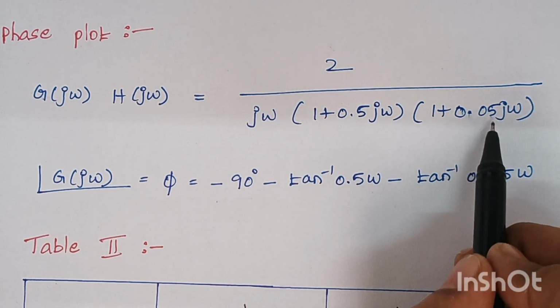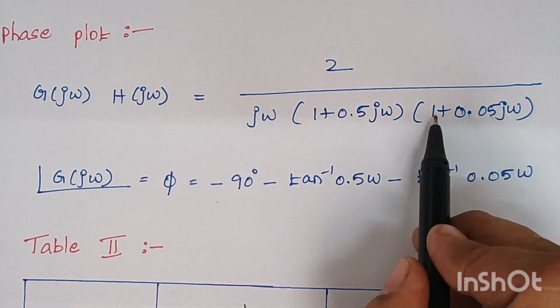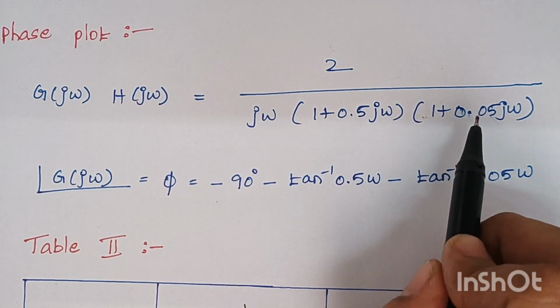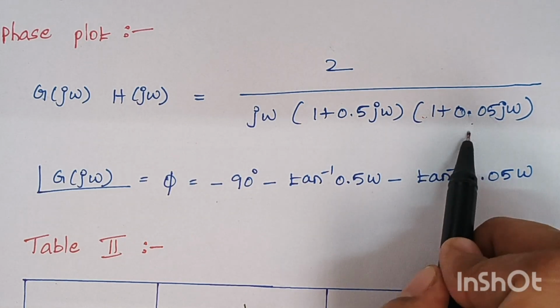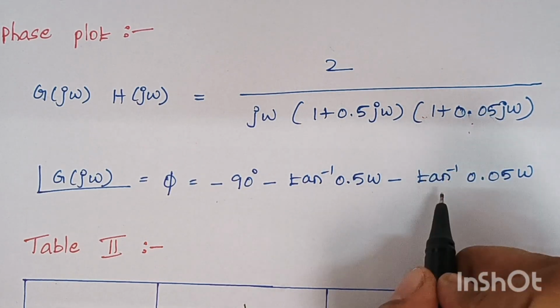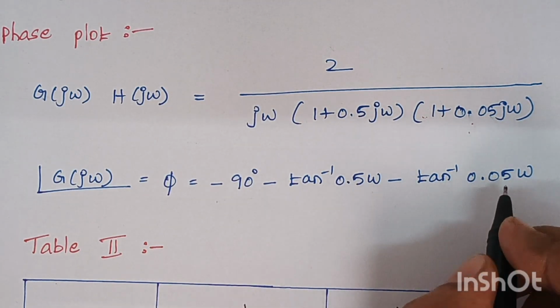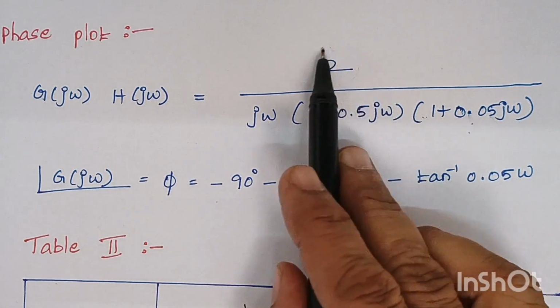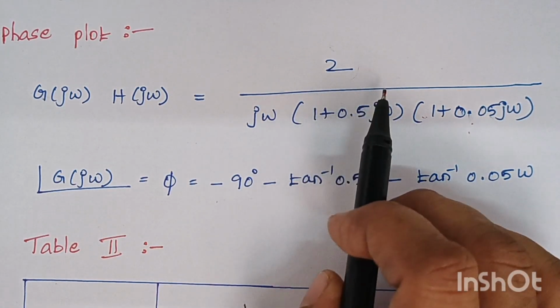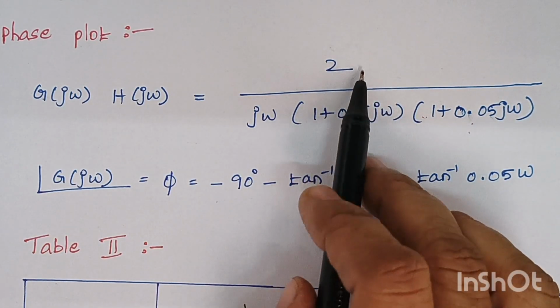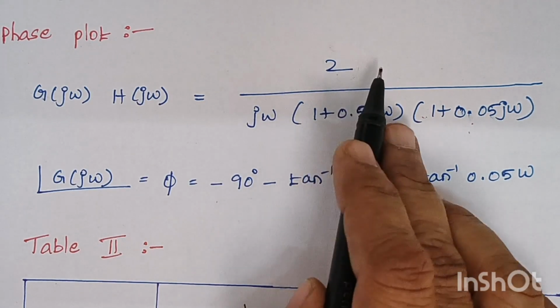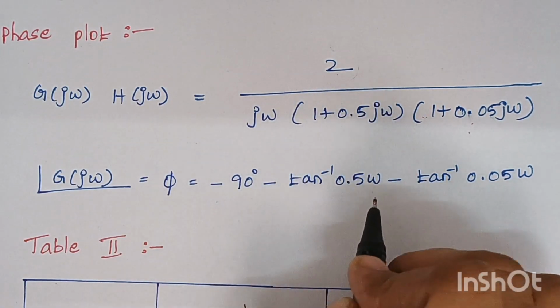It is 0.05 omega divided by the real term, which is 1. So again this is a denominator term. I am going to move this to the numerator part. So here tan inverse of 0.05 omega. Right. I already said a constant never contributes any angle. So here the angle contributed by this number 2 is 0. So here we are not writing anything.